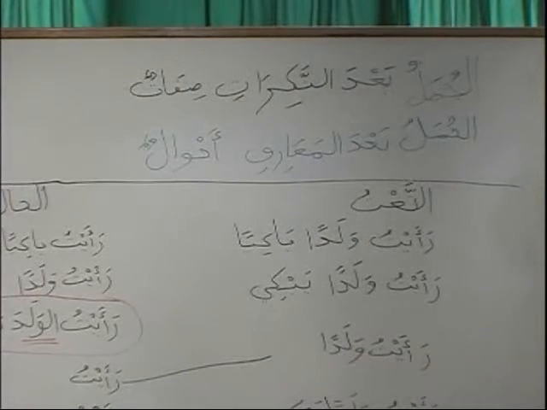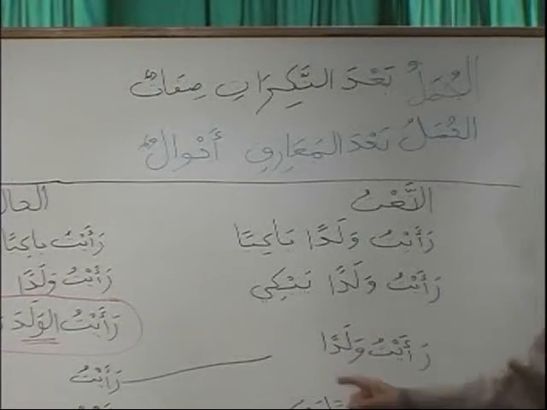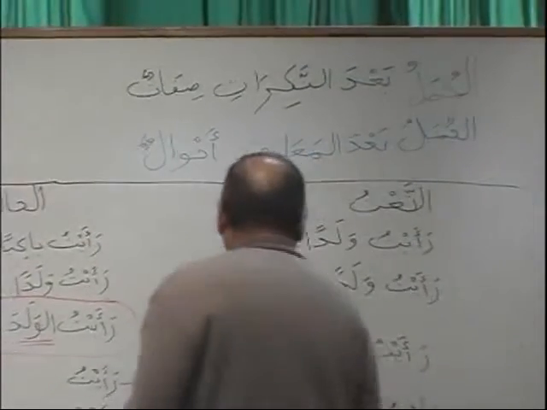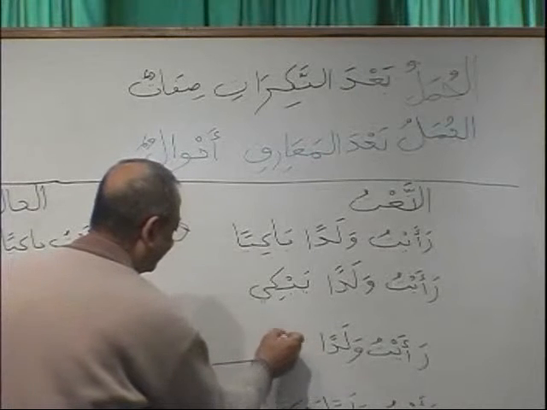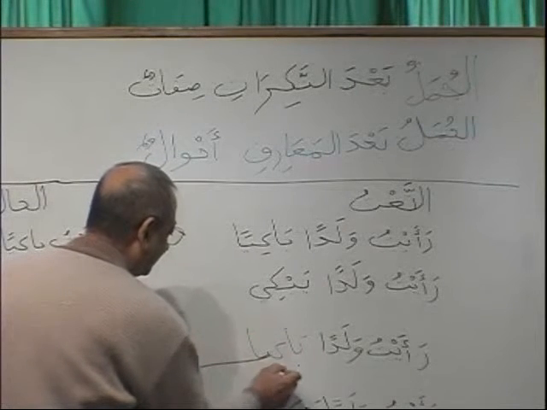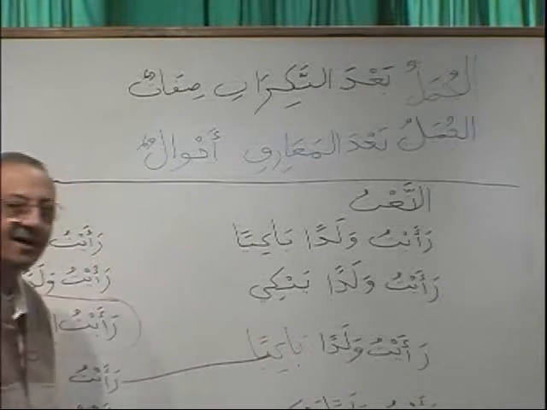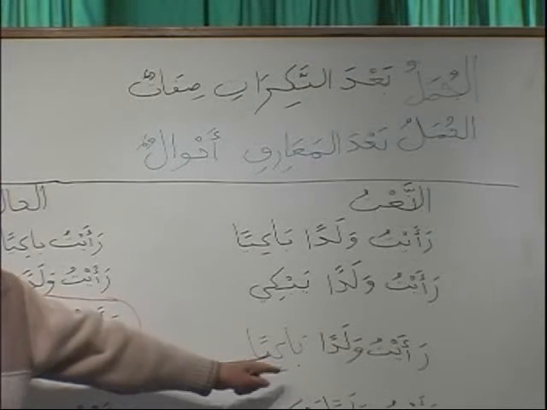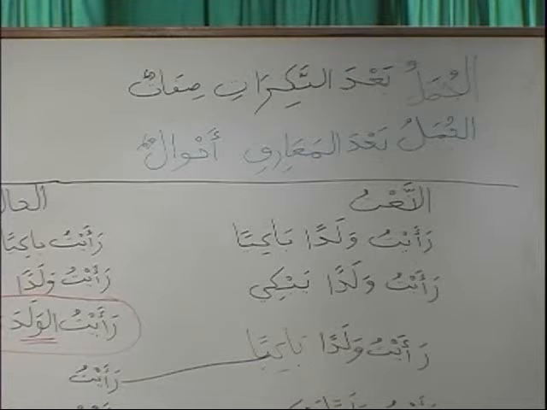Ra'aytu waladan. Bring a naat here. What will be the naat? Baqiyan. Got the idea? Ra'aytu waladan baqiyan. I want you to change it and make that sentence into hal.